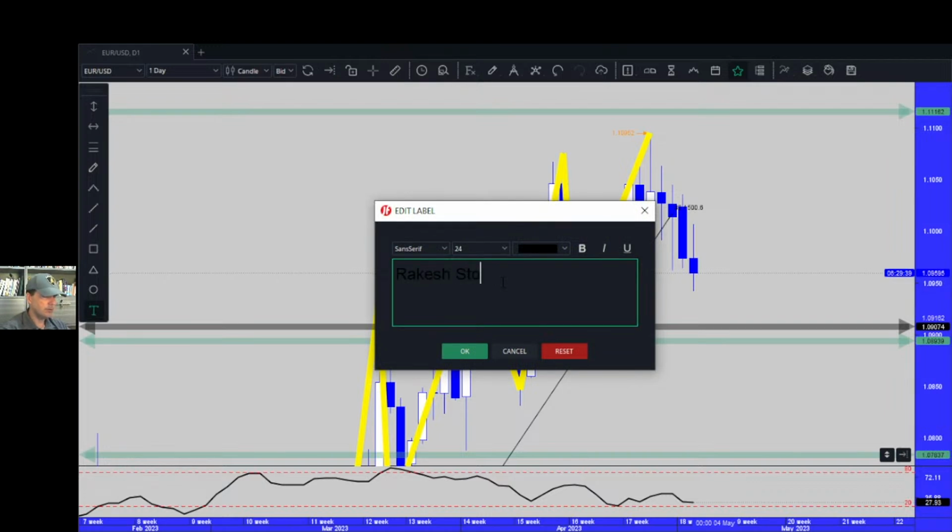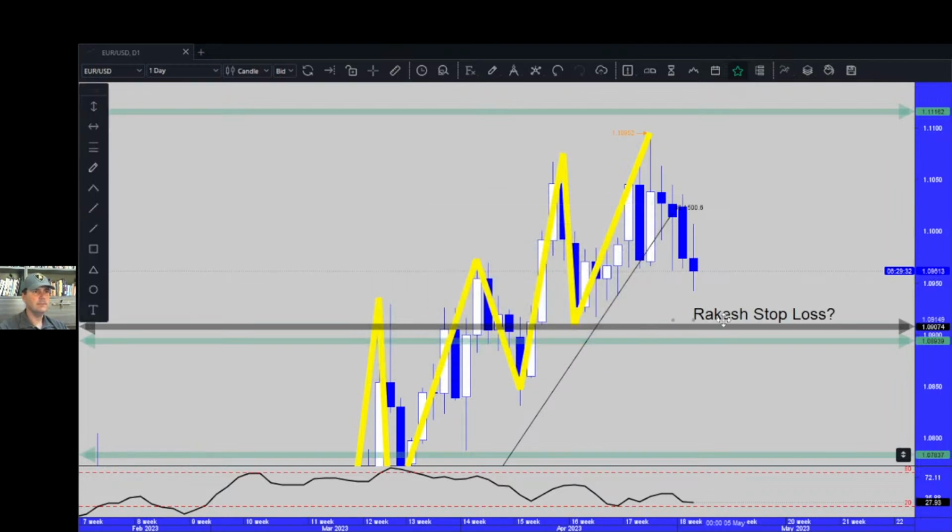Stop loss good? You said long until 1.0907, 1.09. Do you mean short instead of long?